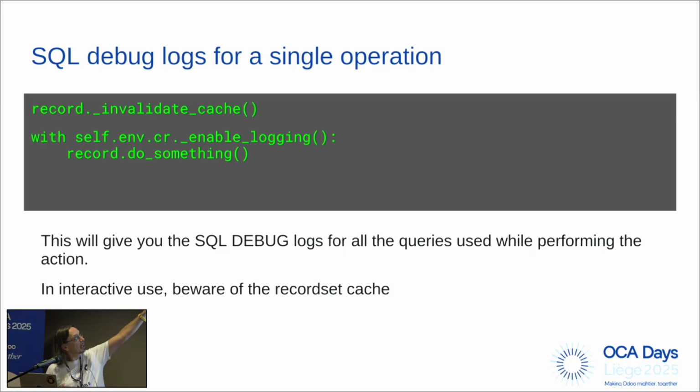You can say with self.env.cr.enable_logging and run your statement, and you will get only the SQL logs issued from the processing of that statement, which is also nice and allows you to understand better why that method is slow.